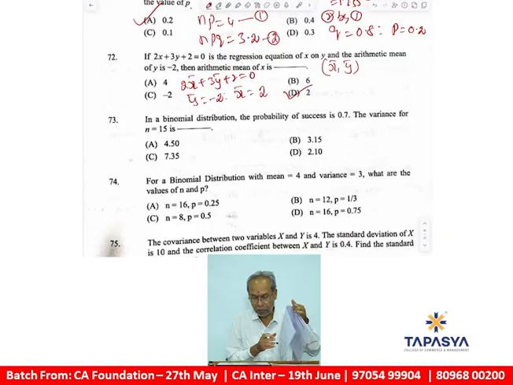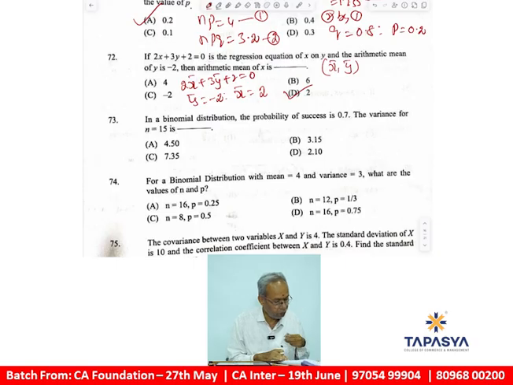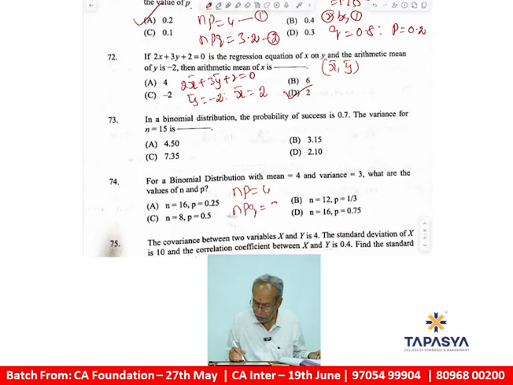Next, question number 73. Binomial distribution, mean is given, variance is given, what are the values of N and P? So mean NP is equal to 4, NPQ is equal to 3.